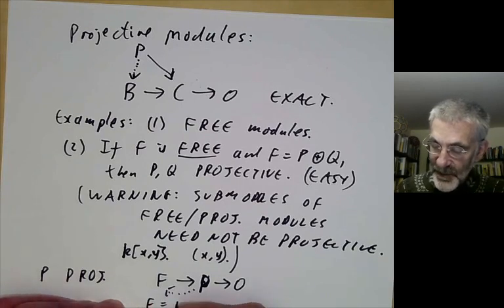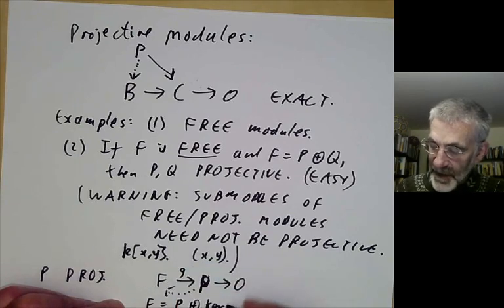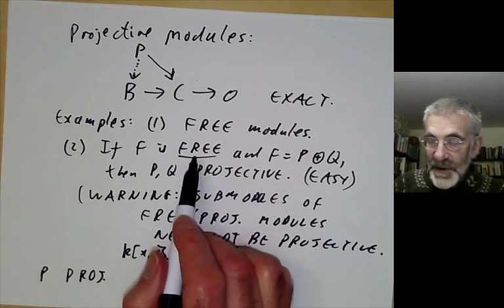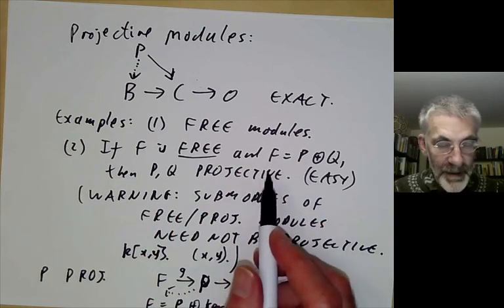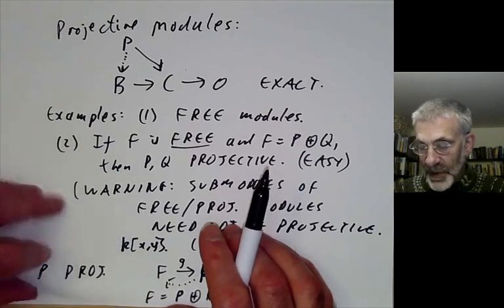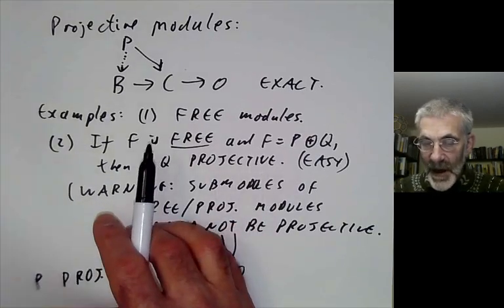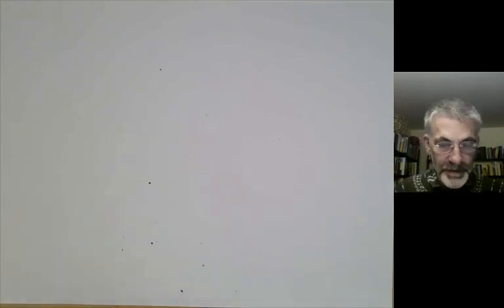So F is equal to the image of P plus the kernel of this map G from F to P. So a module is projective if and only if it's a direct summand of a free module. And this is a really useful way of constructing projective modules. In fact, most of the examples we will give now use this property of projective modules.